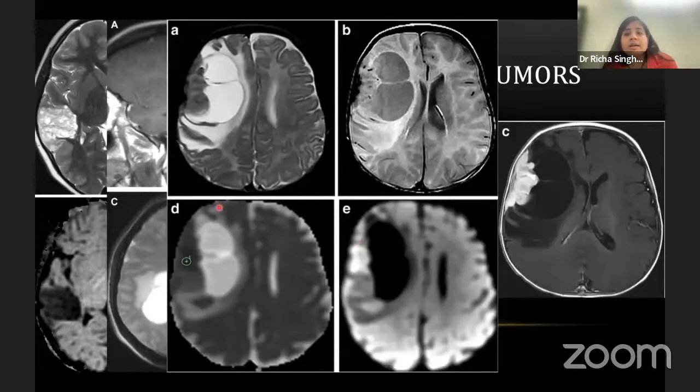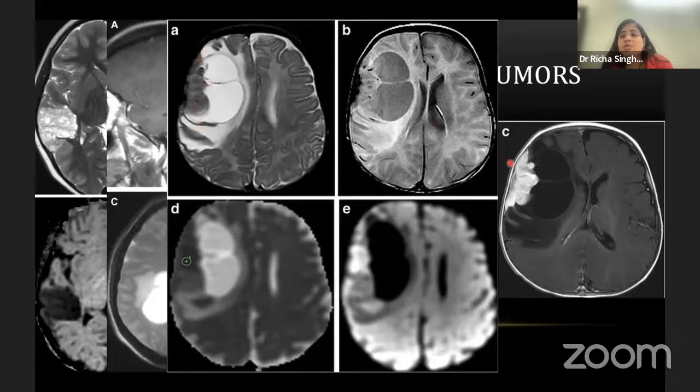Then this is a third lesion, a large lesion in a child, and it involves more than 2 or 3 lobes of a single hemisphere. A large lesion, again with a cyst with a nodule, or cyst and solid component within the lesion. The solid component will be pial based.